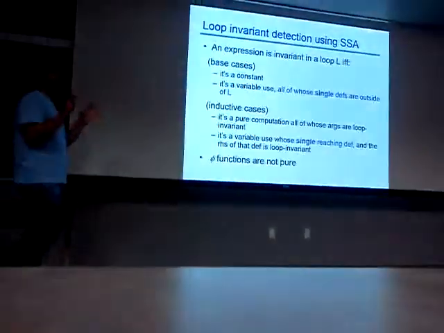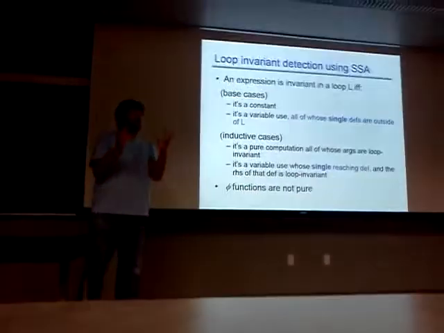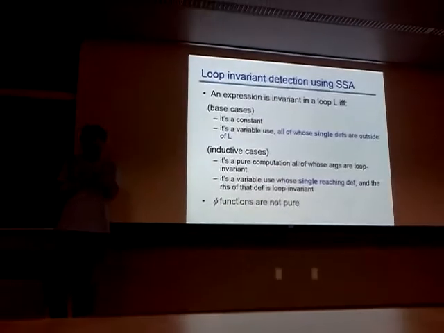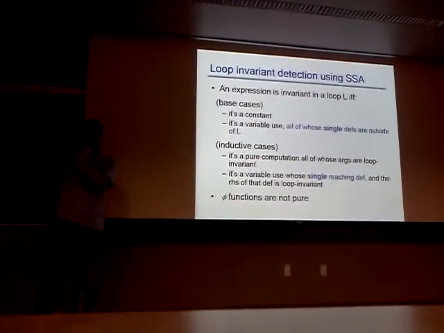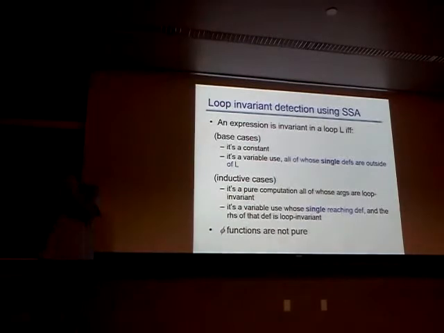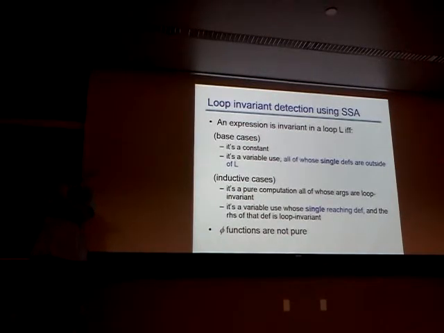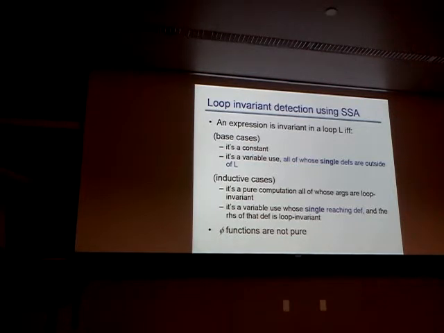The problem is, a phi node is used for merging. So the phi node represents information that could come from different parts of a branch. And so even if both things coming into a phi node are loop invariant, the phi node expression itself is not necessarily loop invariant, because it's going to decide which one of those two things comes in.